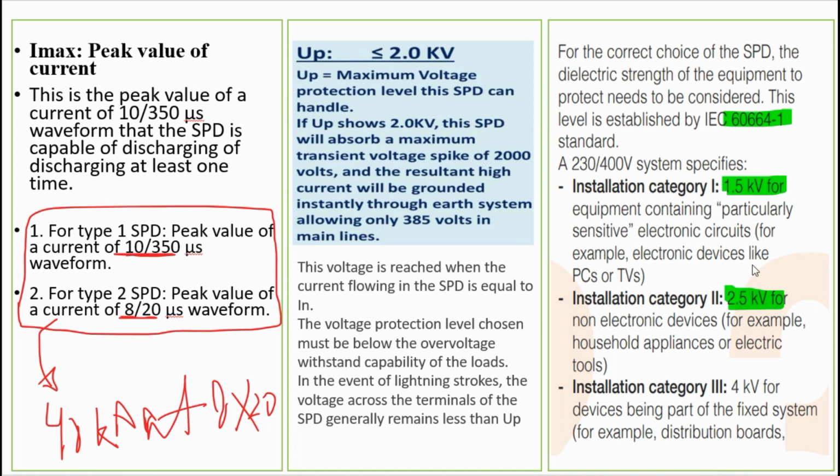What does it mean for household things? It will be a toaster, a drill machine, a pump, or a washing machine, right? For type 3, the UP should be 4 kilovolt, and it is used for distribution boards, for example.